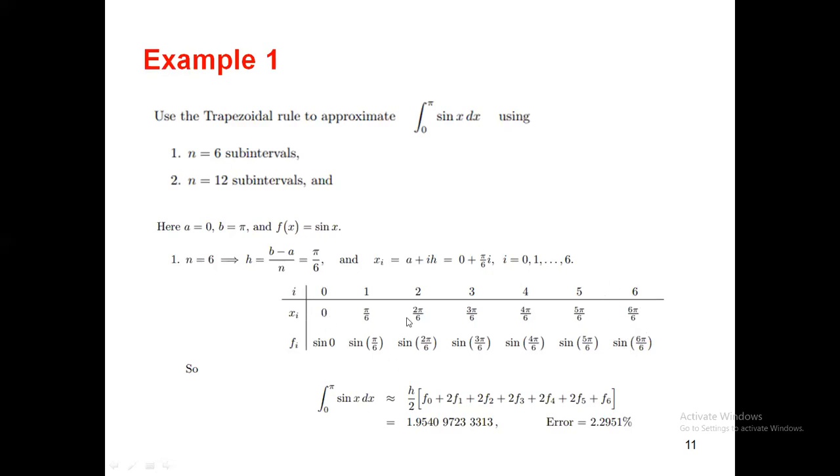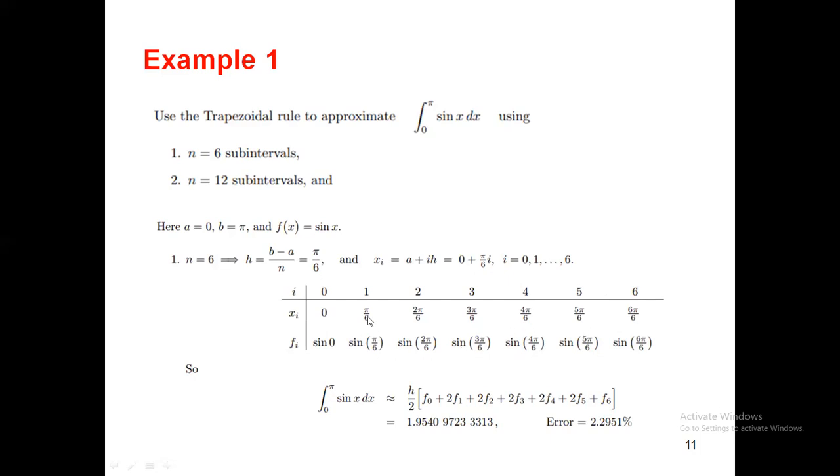Now, what should you do with these values of x which you incremented by pi over 6? You will substitute them into the x that appears in your integrand, or the function on the right side of your integral. So you just evaluate sine 0, sine pi over 6, until you reach sine pi.